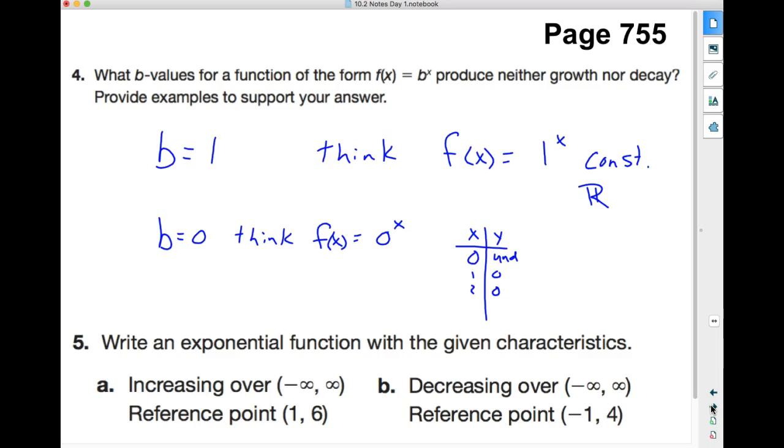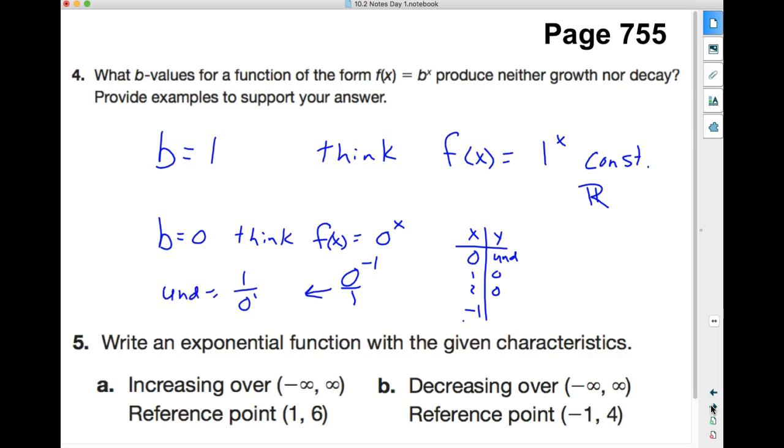What the heck happens if I put a negative 1 in for x? Well, now I have 0 to the negative 1 power. Remember what negative exponents do. That is going to make me look at my fraction, which means I'm going to have 1 over 0 to the first, which also is undefined.